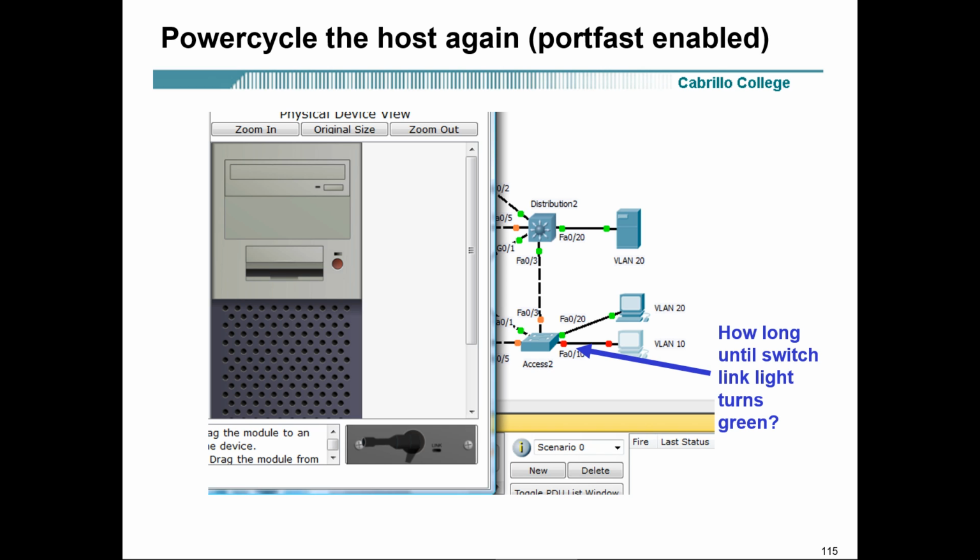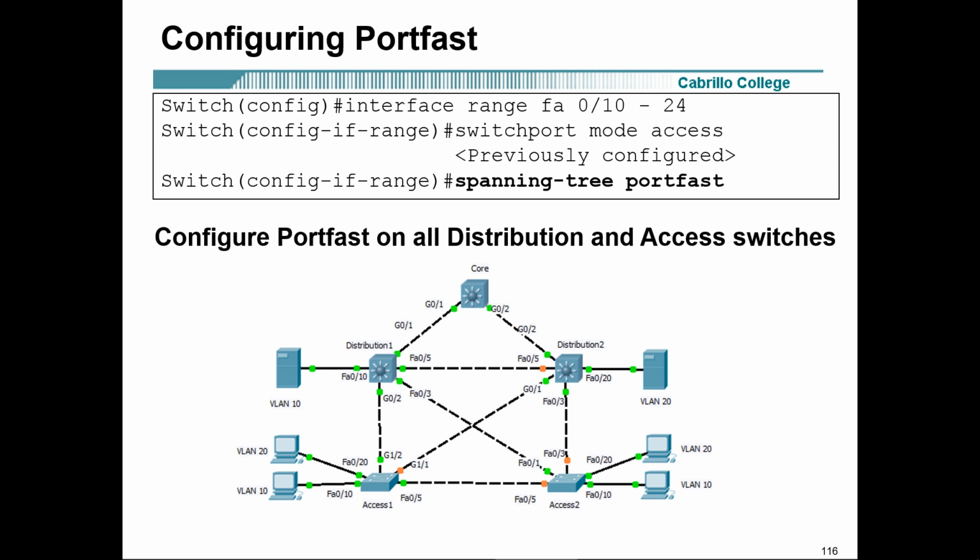So, again, power cycle the host with port fast enabled, and you will see that instead of taking 30 seconds, it should populate very quickly. So our port fast will actually bring that link up real quick.